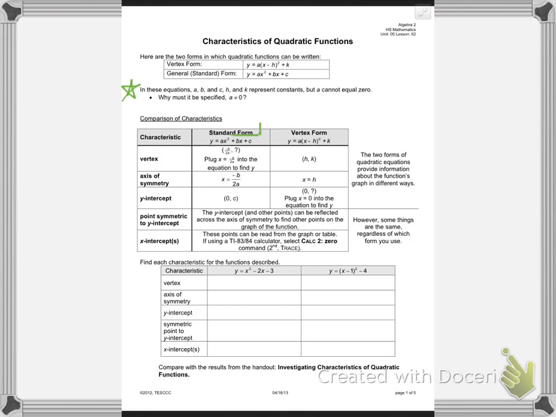Further down, y-intercept is 0 and c. In other words, when you get a quadratic formula, it comes in this form: a times x squared, b times x plus c. And that c is actually how you find your y-intercept. Okay? The rest of this I'm not going to go over just yet because it's not necessary, except for vertex form.